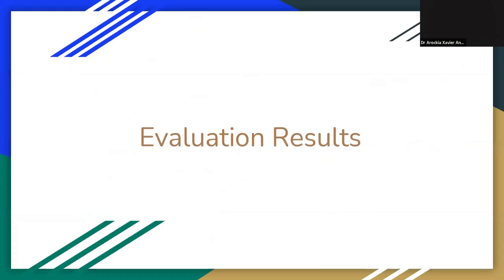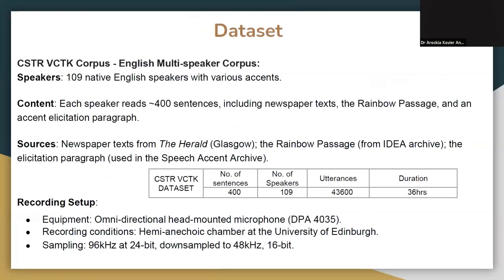So next, moving on with the captured results. Basically, we work with the CSTR corpus dataset. This is a multi-speaker corpus. There are 109 native speakers, with 400 sentences by each of the speakers.